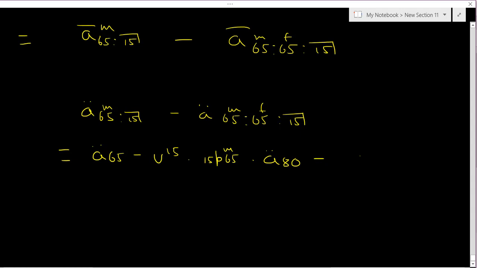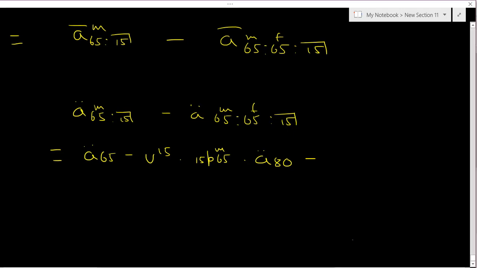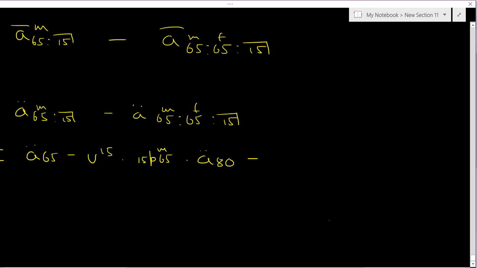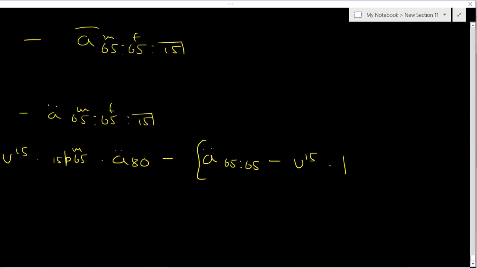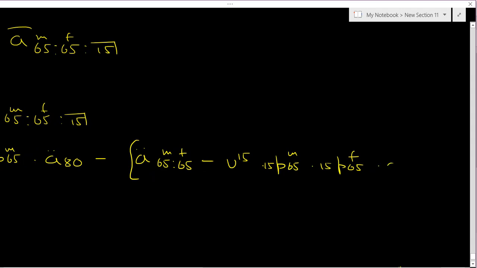And minus this thing: a double-dot 65:65 minus v^15 times the probability that the 65-year-old male survives 15 years, times 15p65 that the female survives 15 years, multiplied by a double-dot 80:80.